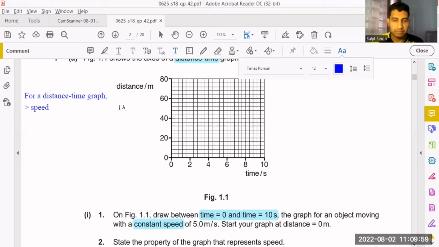Speed is given by the gradient of the graph. For a constant speed, the gradient must be constant. That would mean the graph should be an increasing straight line graph.